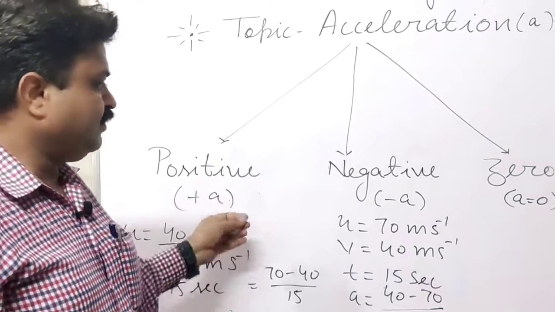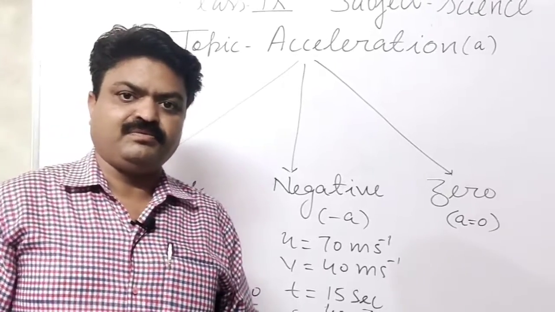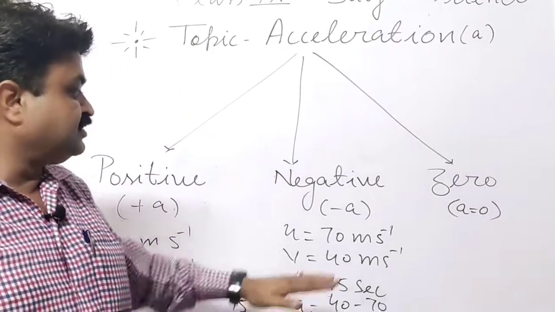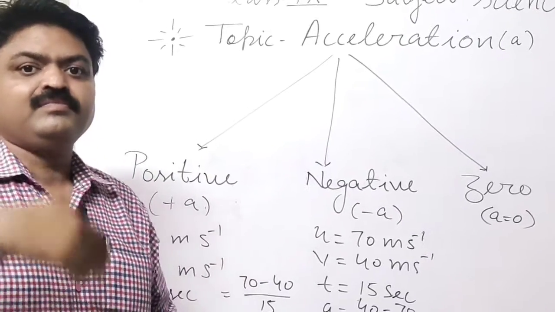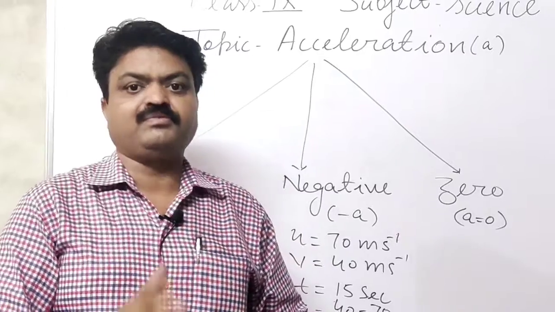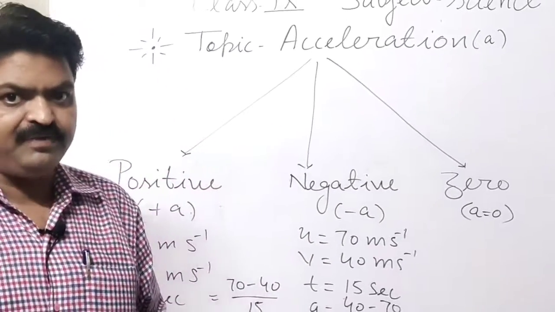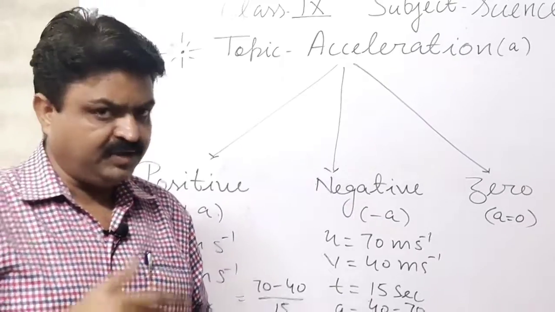Like one automobile is moving with 70 km per hour. Suddenly another automobile or a roaming animal comes in front of it. Then the brake is applied by the driver.